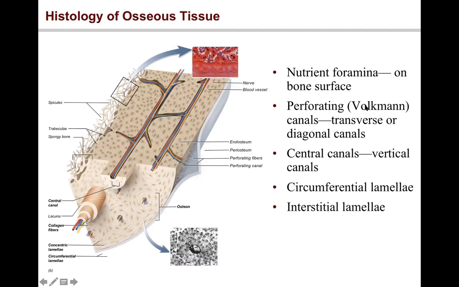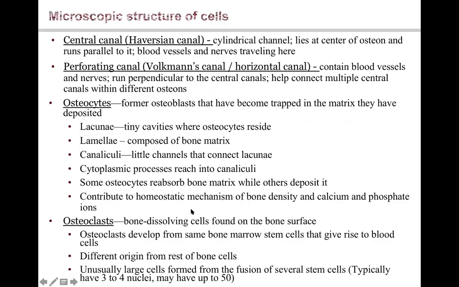There are perforating canals and central canals, all communicating with each other, and the osteocytes form concentric circles in the osteons. This is a synopsis of what we went over, so that you know the terms central canal, Volkmann's canal, osteocyte, osteoclast, and so on.